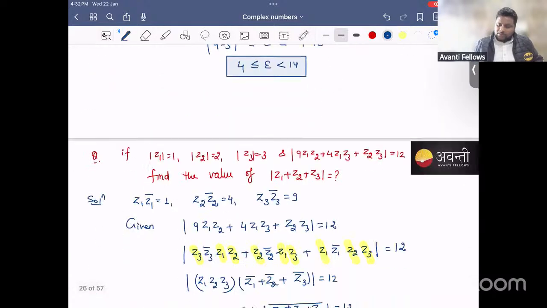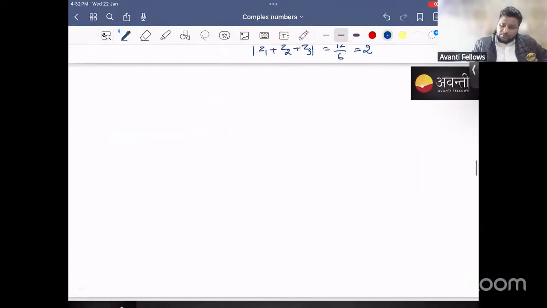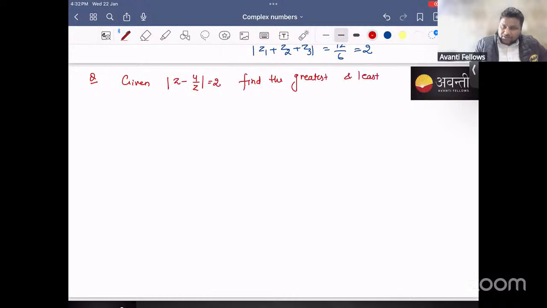Now, let's do another very good question. So the question is: given magnitude of z minus 4 upon z is 2, find the greatest and least value of magnitude of z.